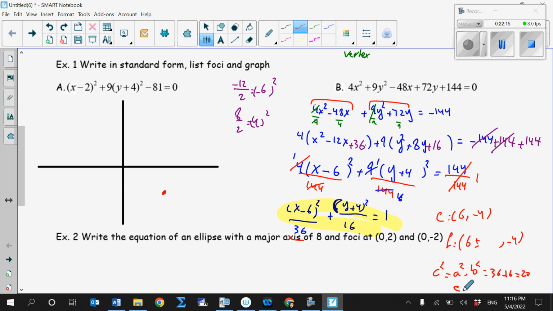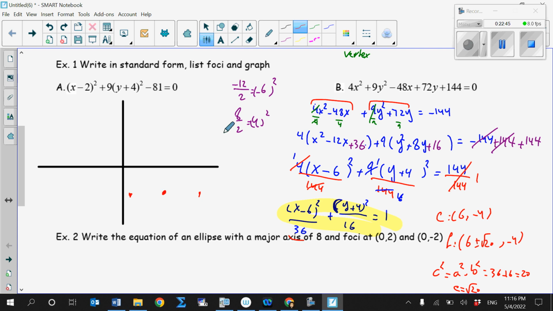So c is root 20. So this is 6 plus or minus root 20. We go square root of 20 to the right and left of the center to find the focus points. Square root of 20 is almost 4.5. So I need to go 4.5 to the right, let's say this one, and 4.5 to the left to find the focus points.